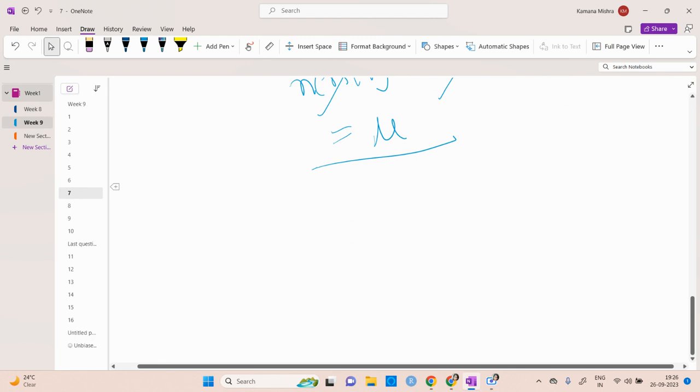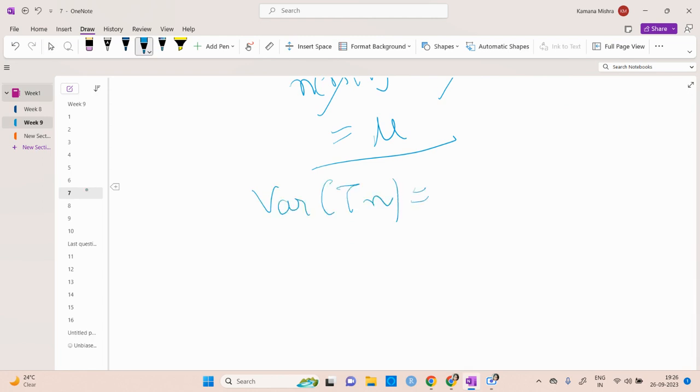Right. Now what we want to find is the variance of Tn. So variance of Tn will be what? Expectation of Tn squared minus expectation of Tn whole square.